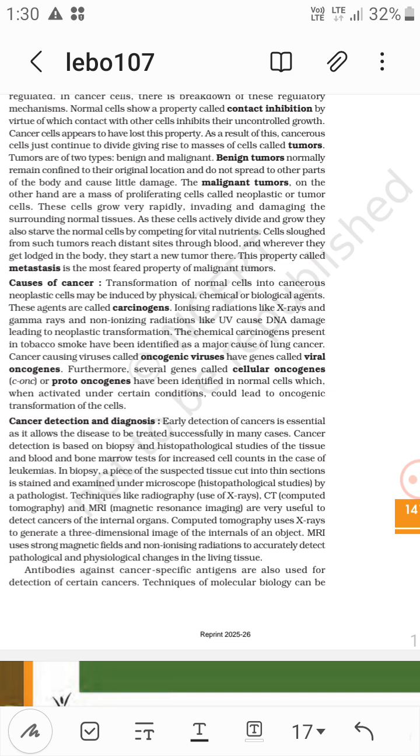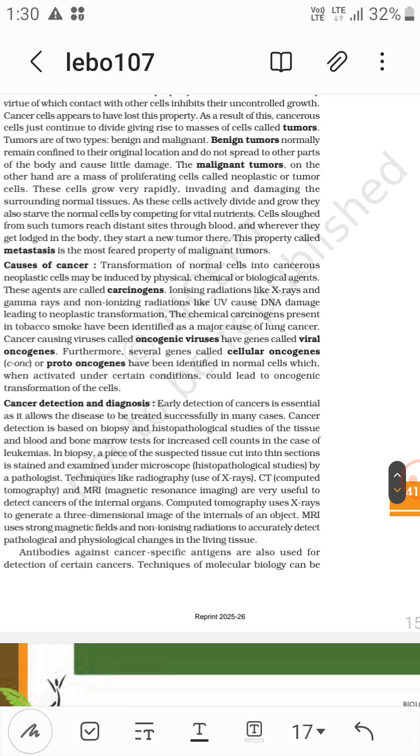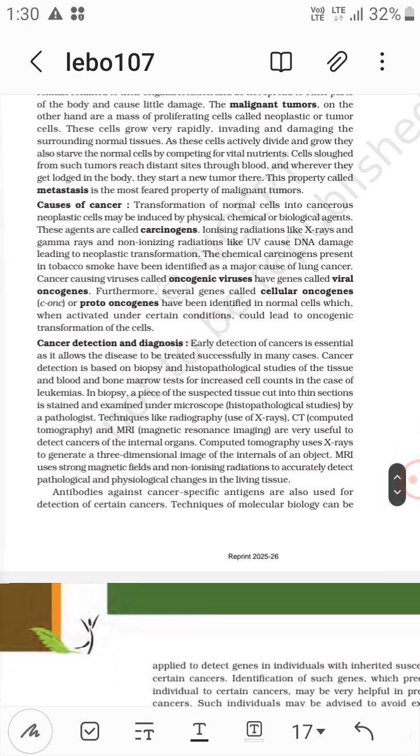Furthermore, several genes called cellular oncogenes, that is c-onc or proto-oncogenes, have been identified in normal cells, which when activated under certain conditions could lead to oncogenic transformation of the cells.